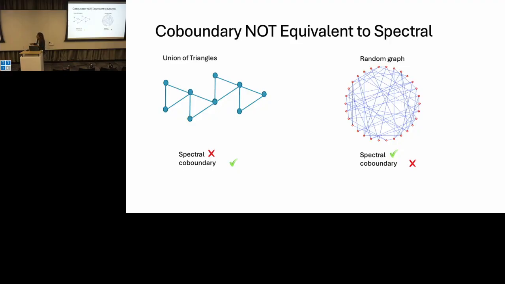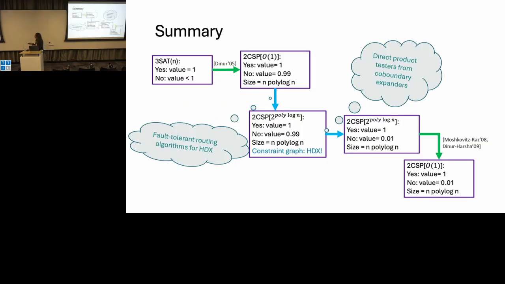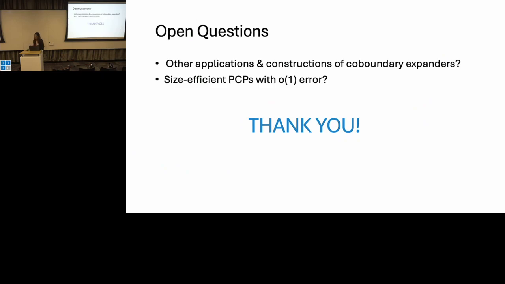But when you go to higher dimensions, there are various generalizations like coboundary expansion and spectral expansion, and these all diverge in higher dimensions. Okay, so this is a summary of the reduction and finally some of the questions.